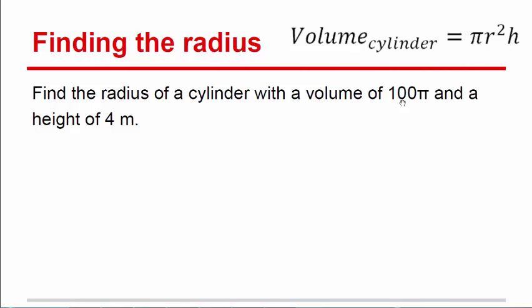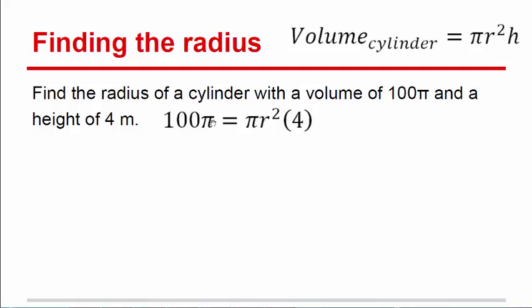They told us the volume was 100 pi, so that will be on the left-hand side, and the height of 4 will substitute into the place of h. In doing so, we have 100 pi equals pi r squared h, and the h is 4.